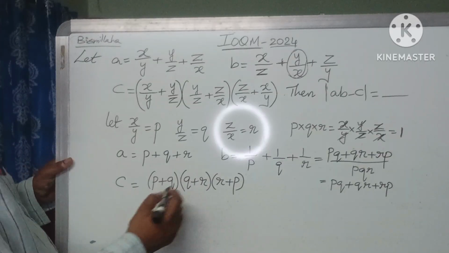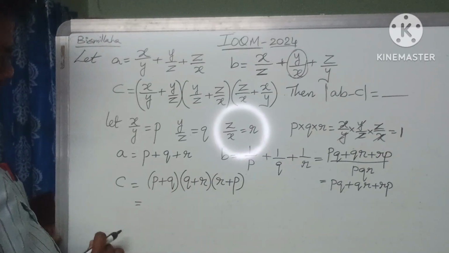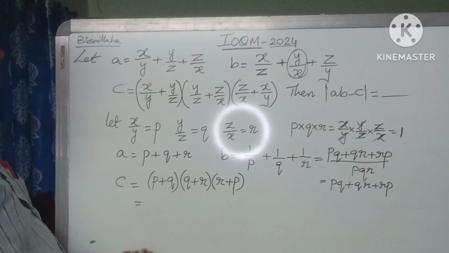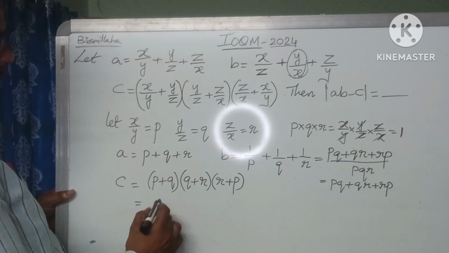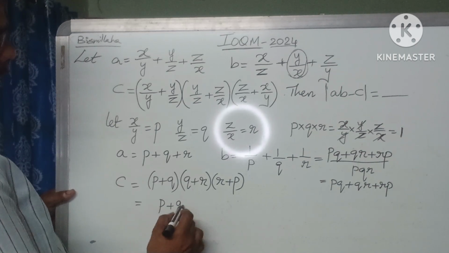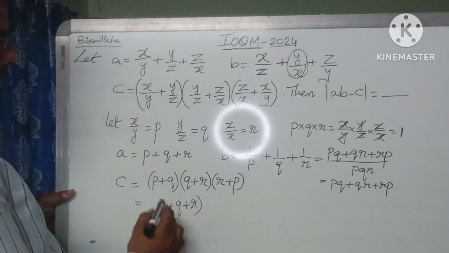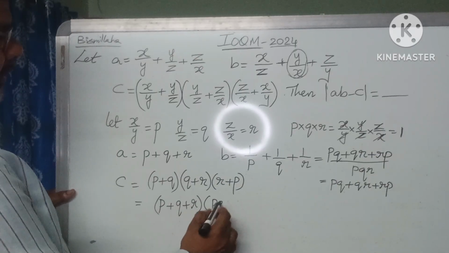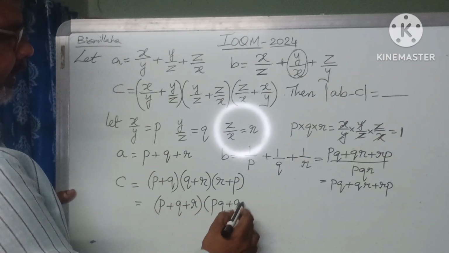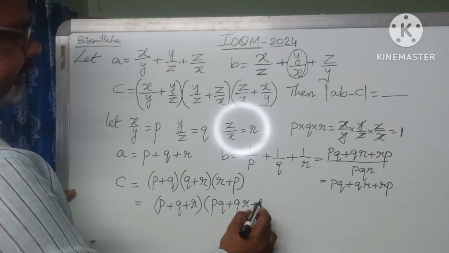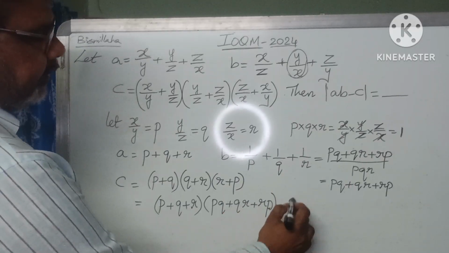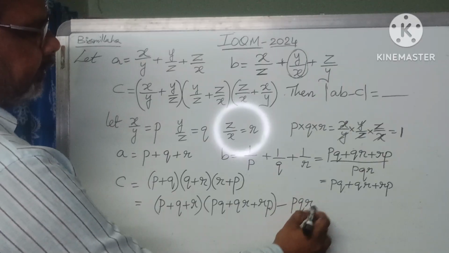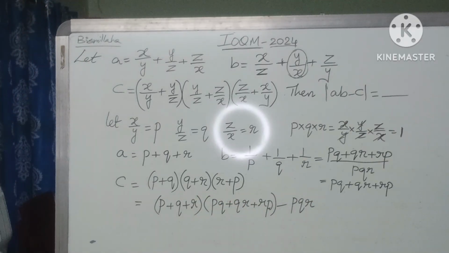If you multiply this, directly I am telling, here you will get (P plus Q plus R) into (PQ plus QR plus RP) minus PQR. So this one you solve it. Here you have to take the factors, then you will get this value.